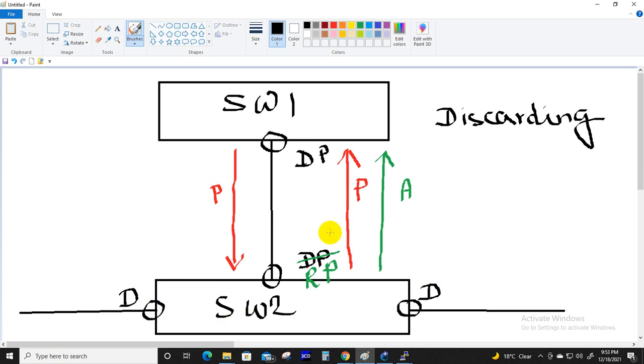Except the port from which the superior BPDU is received, all other ports of switch 2 move to discarding state.